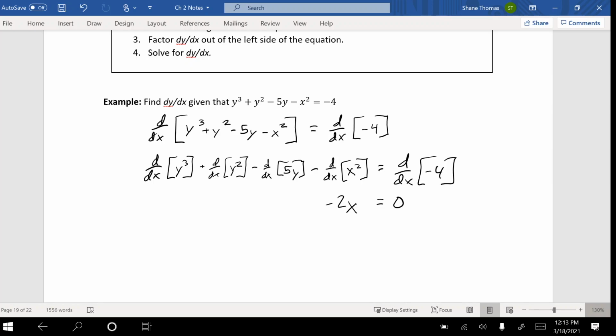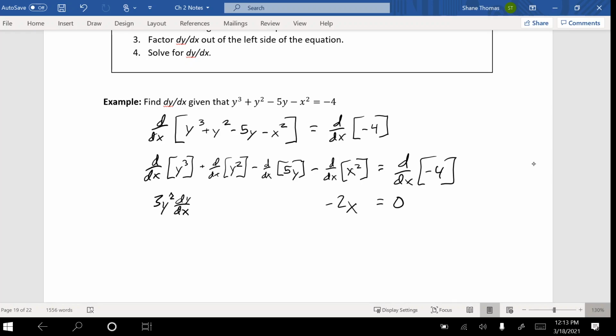Okay, these are the ones we just talked about before. So you essentially apply the same rules that we've been doing, and then tackle that dy dx via the chain rule, right? So the first one, I have y to the third power. What's that going to be? 3y squared dy dx. Good.